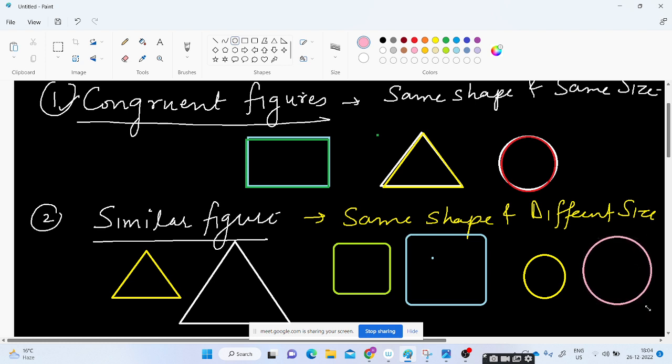So these two circles are similar because their shape is circle but the radius, or size, is different. So this is the first understanding of what is a congruent figure and what are similar figures. I think this is clear to all of you, very basic understanding. Okay.